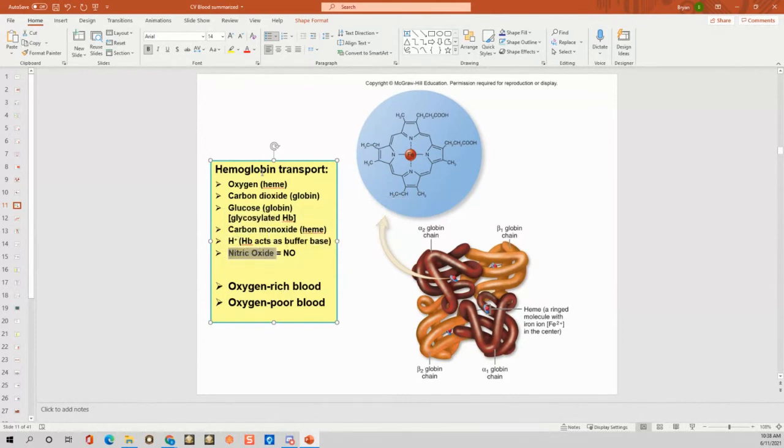but which portion is important? Oxygen and carbon monoxide are both carried by the iron. They're carried by the heme. The center portion of each one of these groups carries oxygen and carbon monoxide.